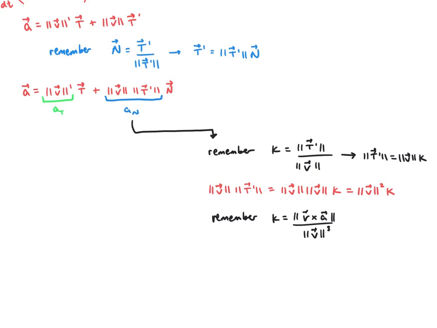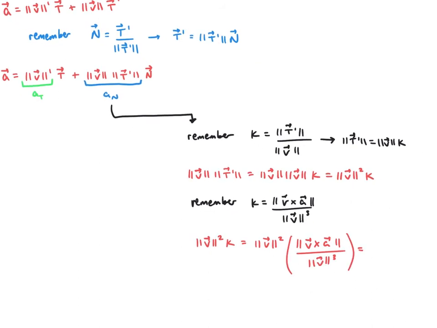So what we'll do here is take the formula that we have, which is the magnitude of V squared multiplied by the curvature, and I'm going to substitute in for the curvature, and we get the magnitude of V crossed with A divided by the magnitude of V cubed. And you can see that we can actually simplify this a little bit.